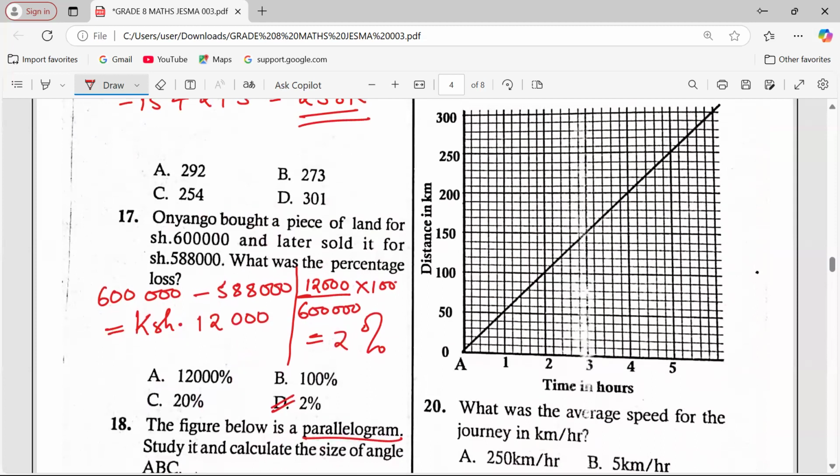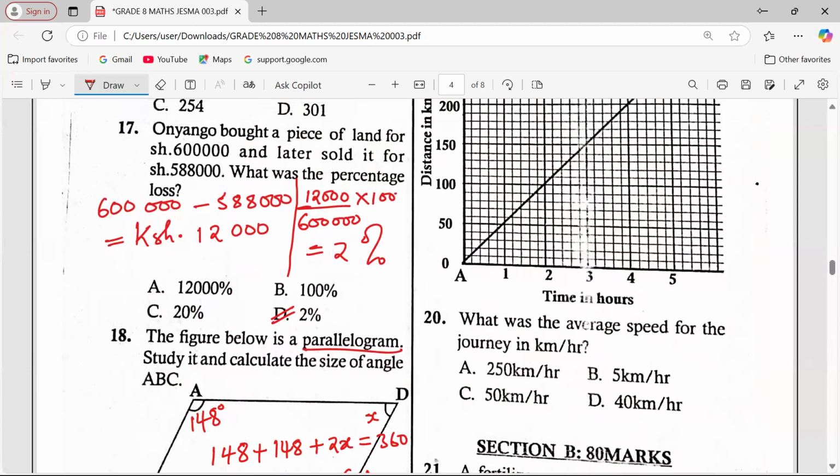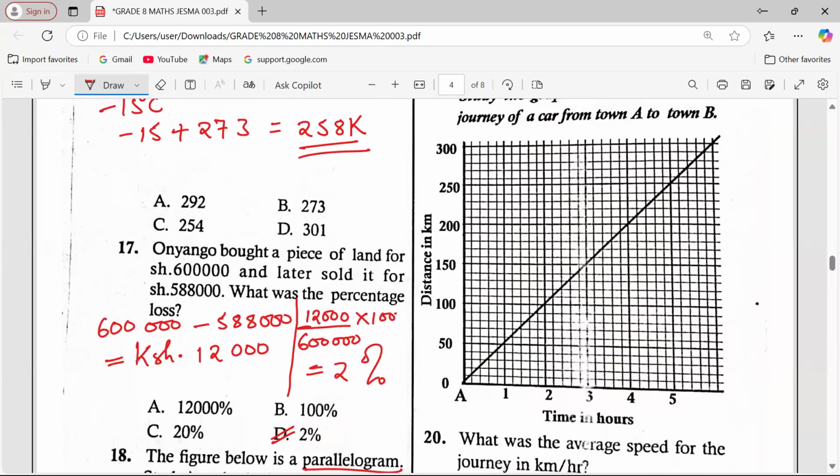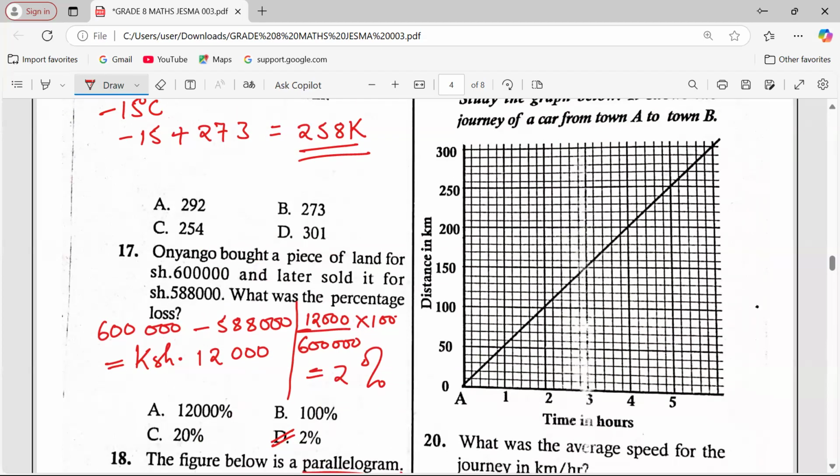There are very many ways that we can use to find the speed, depending on our levels. We can check the distance covered against the corresponding time taken. A distance of 150, for example, matches 3 hours.